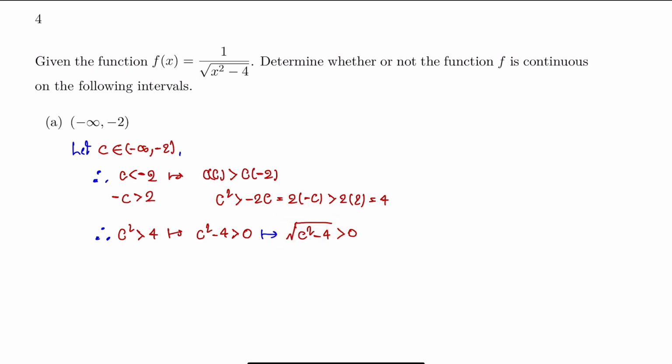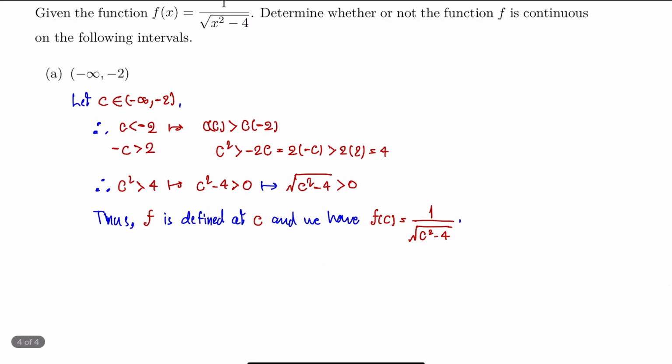Therefore, it's pretty obvious that our function f is defined at c, where c is in this interval, and we have f of c equal to 1 over square root of c squared minus 4.